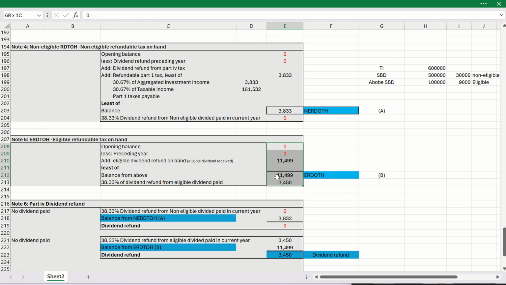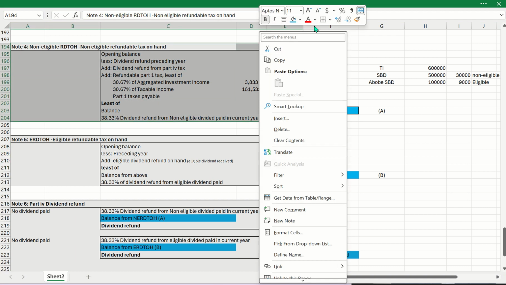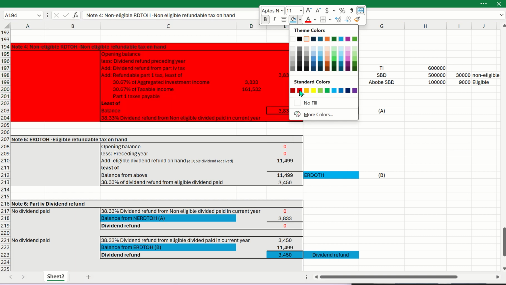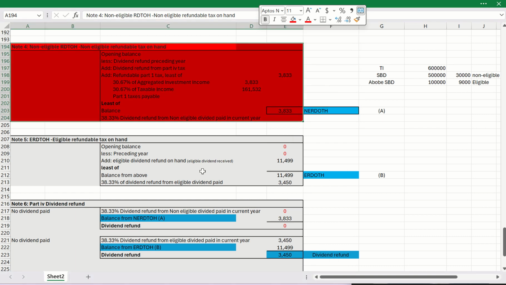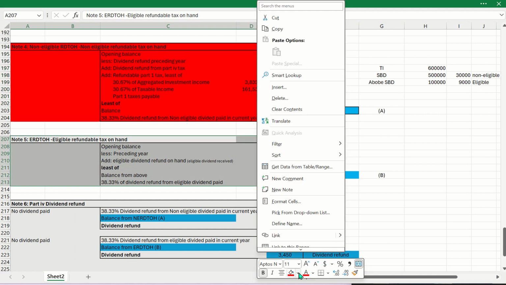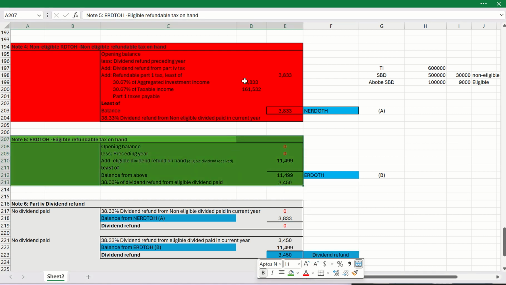This, again, same way, this bucket over here, non-eligible, I'm going to highlight that in red. Non-eligible, and green is over here, is our eligible bucket.